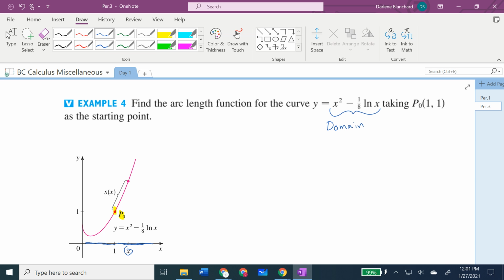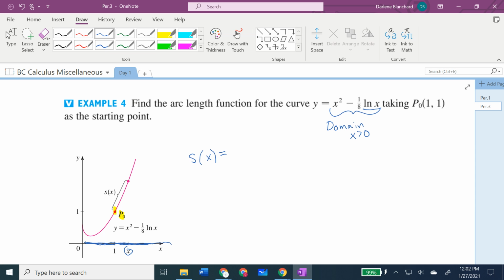We have a natural log, so only positive numbers can go in. So we're looking at x going anywhere from larger than 0 to as large as we want to go, and getting a function, and the function is going to be named s for arc length with respect to x. That tells me the distance between P naught and whatever x coordinate point I land on.